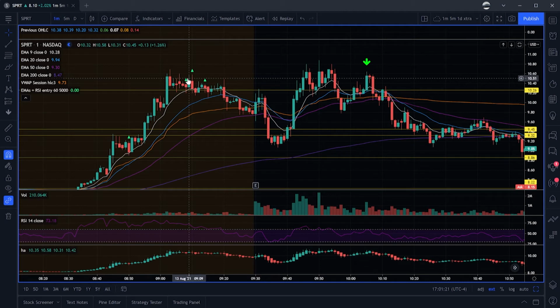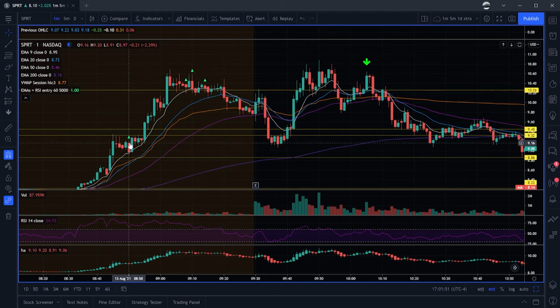What this does is, if a candle taps the 9 EMA on the 1 minute and it's still strong, meaning the RSI is above 60, and it hasn't tapped the 9 EMA on the previous candle, then it will print a triangle. And I use it sometimes for pullbacks, but not very often, actually. It really depends on the stock.